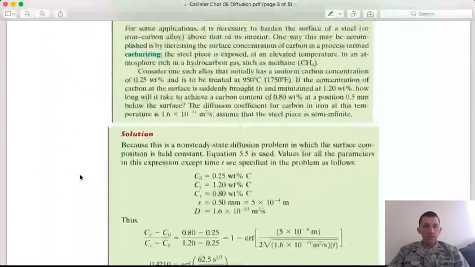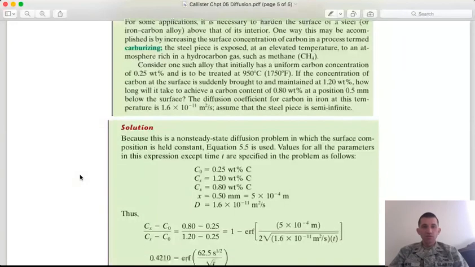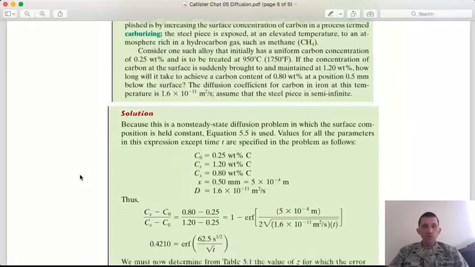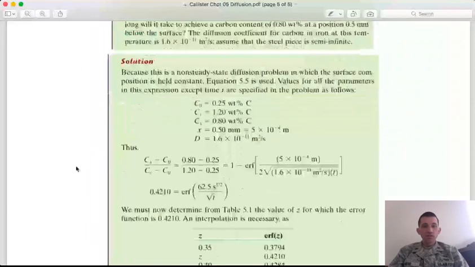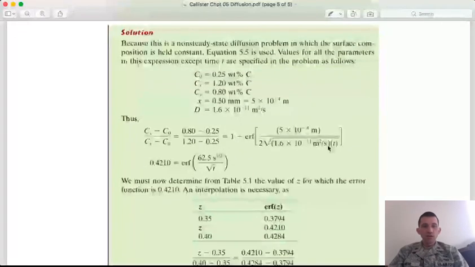And we are asked for the time. How long will it take to achieve a carbon content of a certain percentage at a certain position below the surface? So we're looking for C sub x to be a certain value, and what we want to know is the time. So the time is our unknown, and we can plug in everything else. We're given the initial concentration, the surface concentration, our desired concentration, and our desired depth.